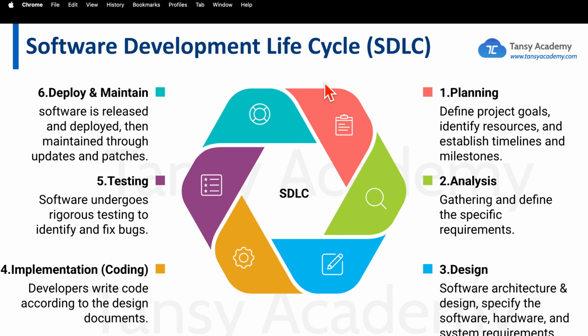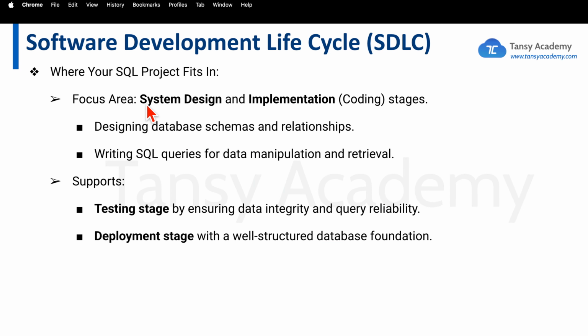And then if you talk about the software development lifecycle, you should know, the work you are doing, the assignments you are doing, where do they fit in the real world. As we discussed in chapter 2, there are about 6 to 7 phases in SDLC, software development lifecycle. So what you do, right, it fits at system design and implementation.